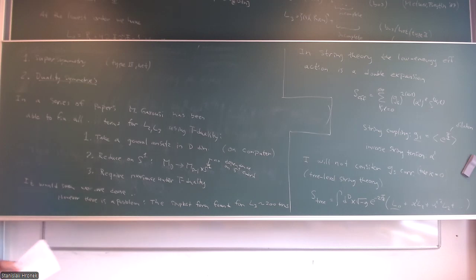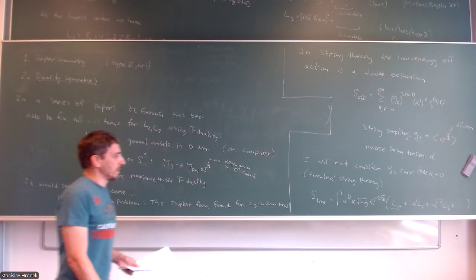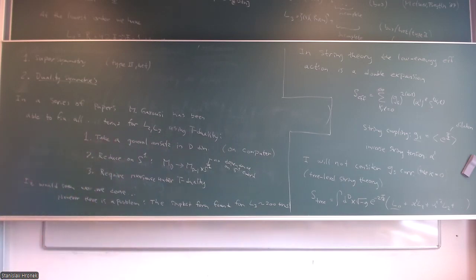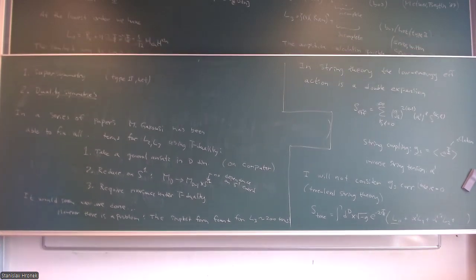It's not very satisfactory, at least if you believe that there should be some simpler structure underlying. I mean, the first correction you have is quite reasonable. In fact, you can write it as only 3 terms. But there are 200 terms at alpha prime cubed, which is too many to be useful.